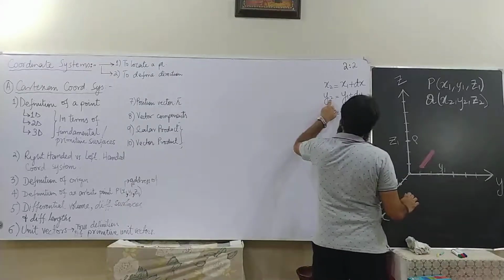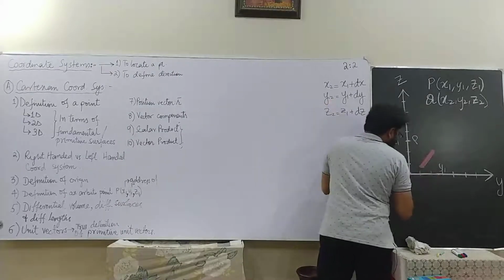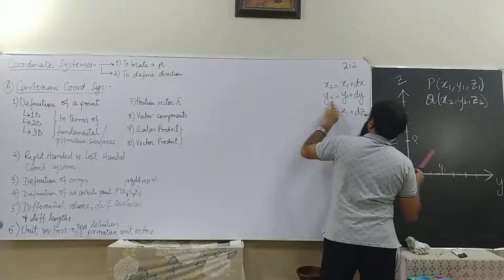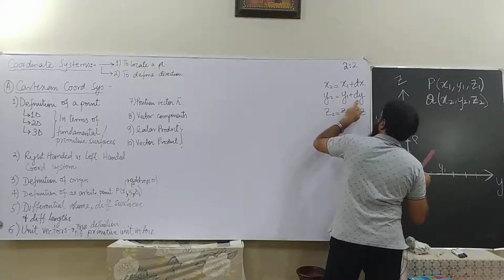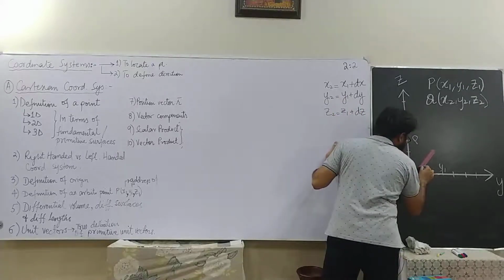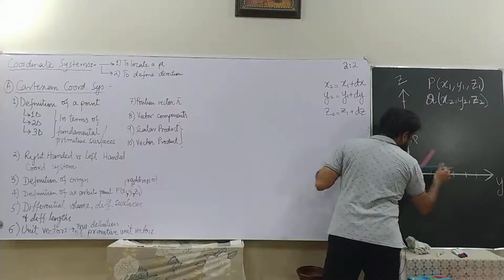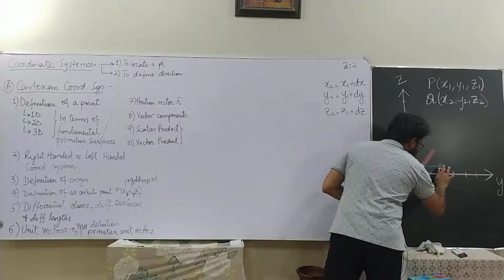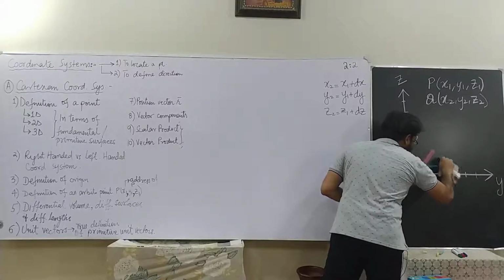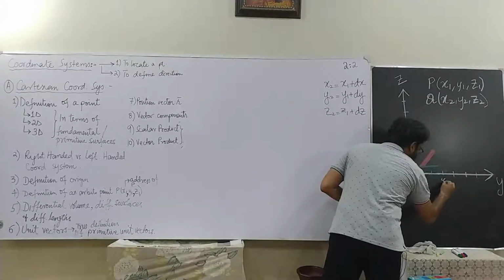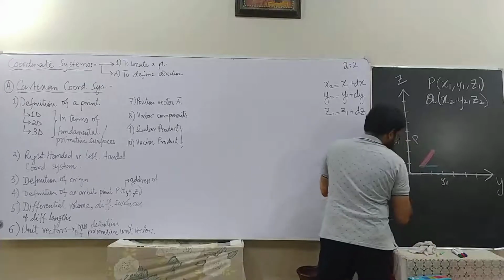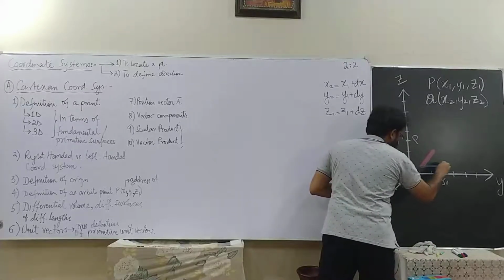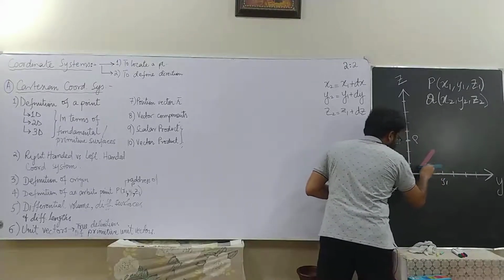So in order to reach y2, we just have to move in the direction of y. We are already at y1. We have to move in the direction of y a certain number of units. This is y1, and how much do we have to move in the direction of y?